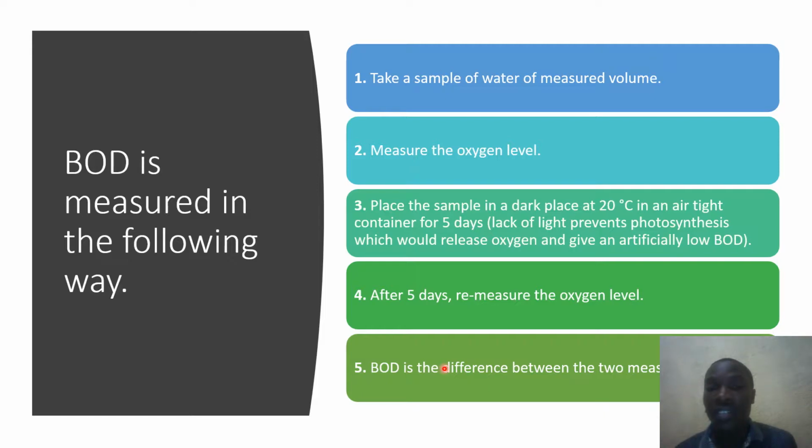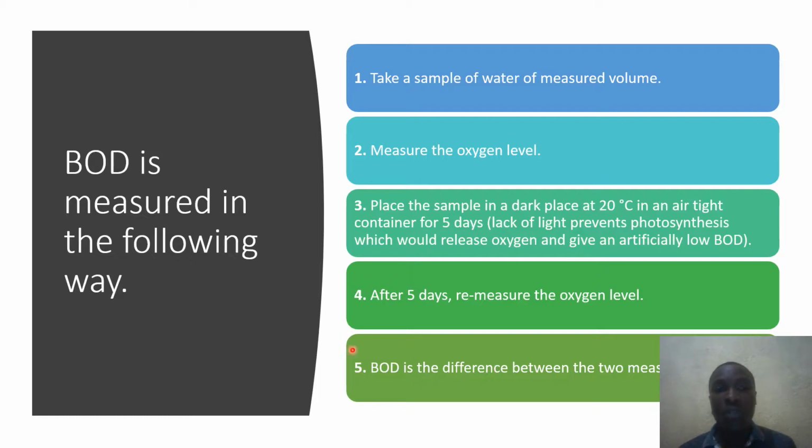gives us the BOD. So what does BOD really indicate? If we have a very large BOD, that means there is a larger difference in the oxygen concentrations between the initial concentration and the final oxygen concentration. This means that the oxygen which was available in the water was used up by microorganisms in the decomposition of the sewage or organic matter.